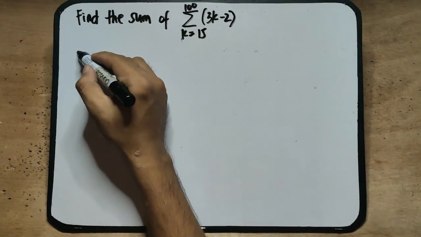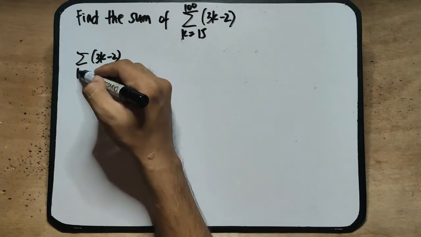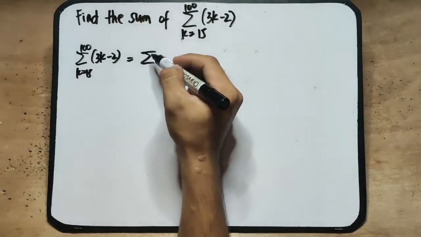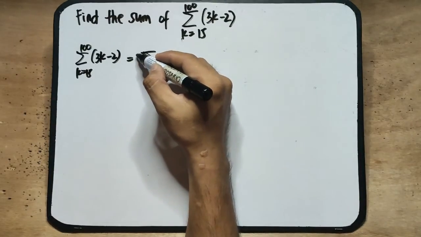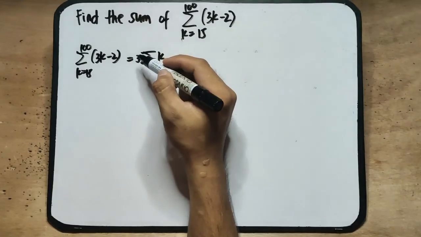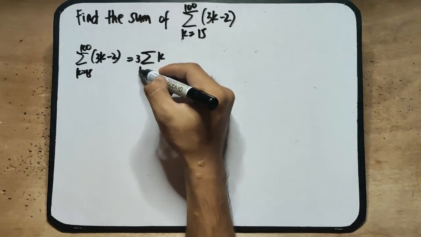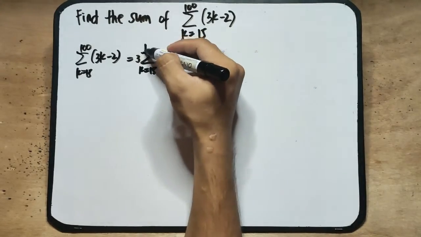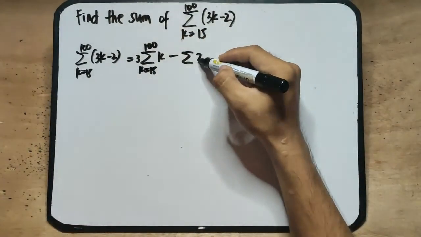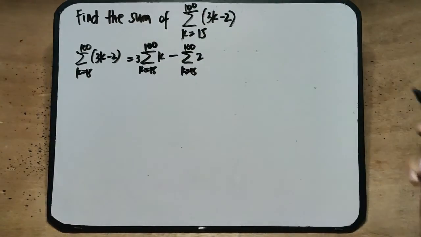So the summation of 3k minus 2 from 15 to 100 is the same as 3 times the summation of k, since 3 is a constant and we can take it out right away, from 15 to 100, minus the summation of 2 from 15 to 100.